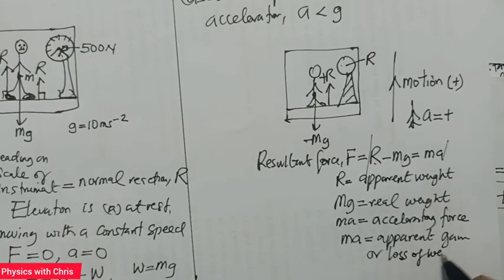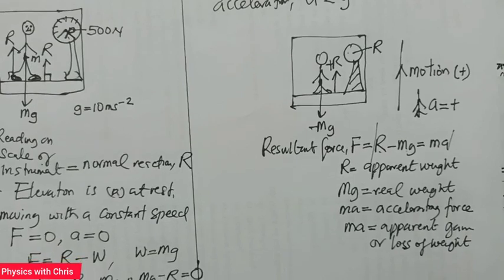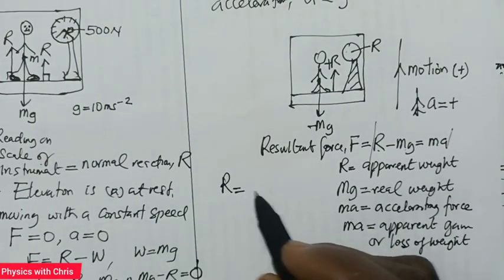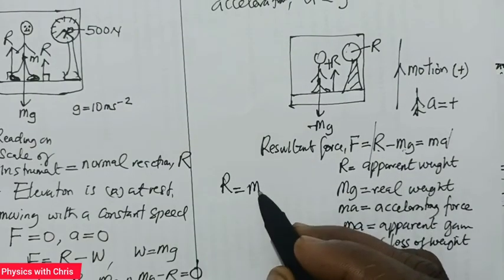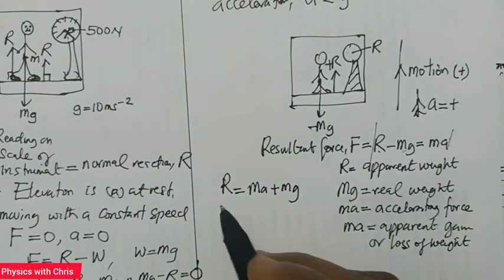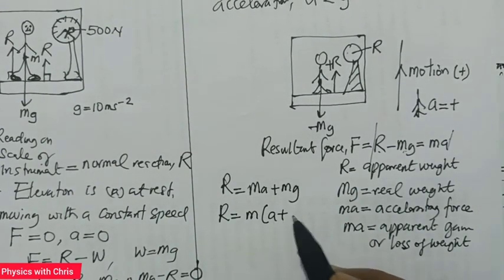Okay, so let's write down this equation now in terms of R. So R, which is the normal force, will be equal to ma plus mg. Meaning that the normal force is equal to m into (a plus g).